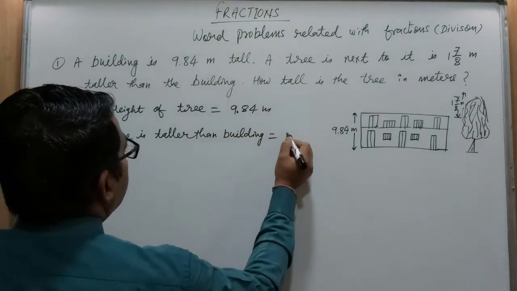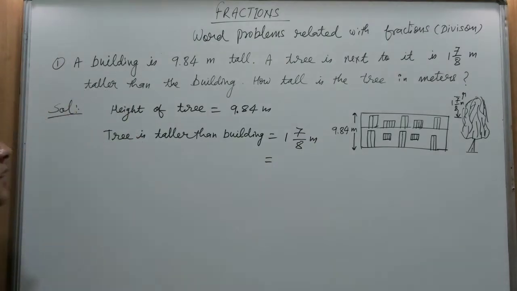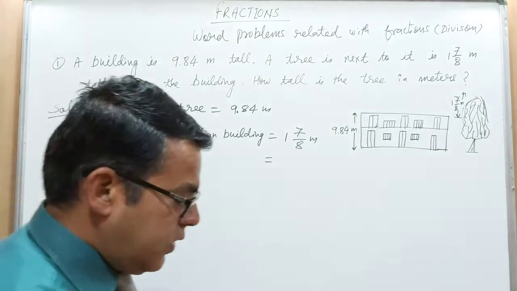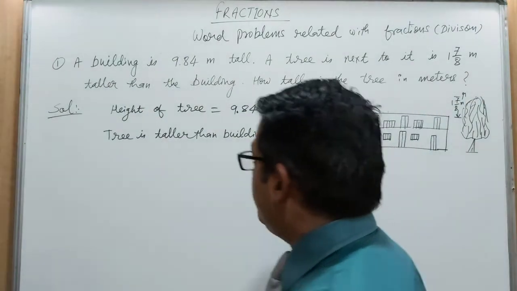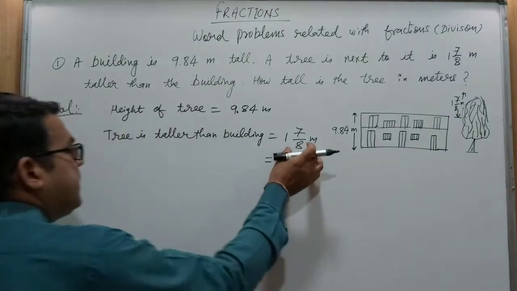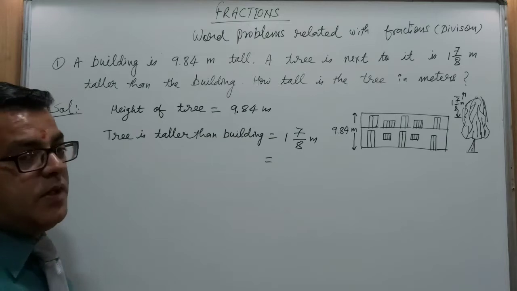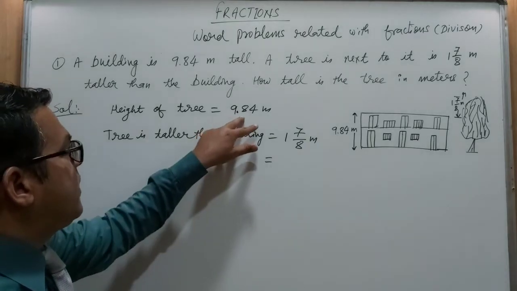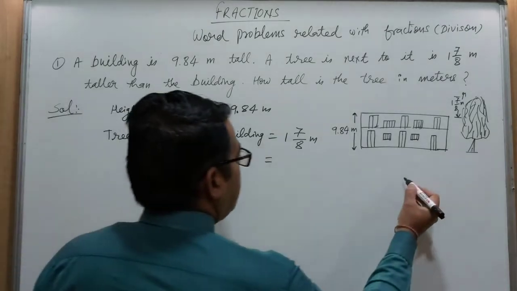How much? It is one whole 7 by 8 meters. The first thing you should do is change this fraction, or mixed fraction, into decimals. Since a decimal is given there, you need to convert this one into a decimal. So how can we convert it?